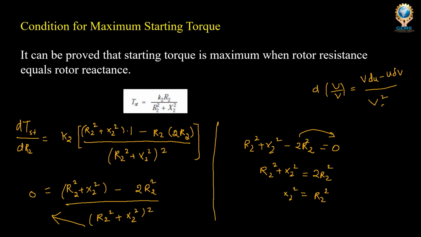If you take the root on both sides, you will get X2 equal to R2. So this is the condition for the maximum starting torque. That is the result we stated, and it is proved. The maximum starting torque occurs when the rotor resistance and the rotor reactance are equal.